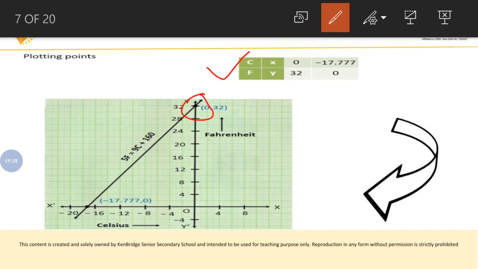The next one is minus 17.77, 0. That also we have plotted. Now we have to connect these two points with a straight line, and give a name to the straight line. This is the way you have to solve a question like this.